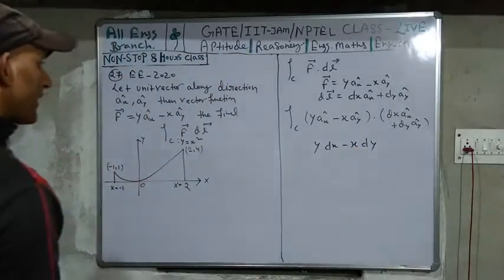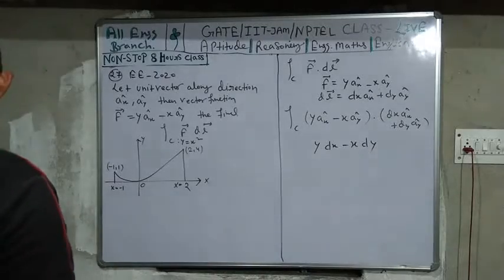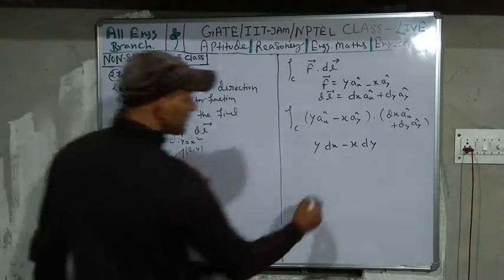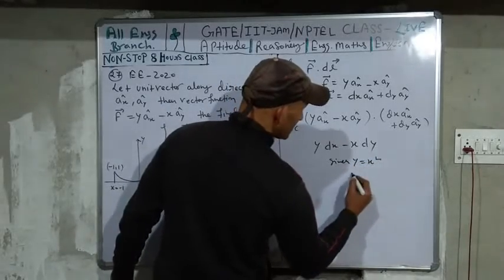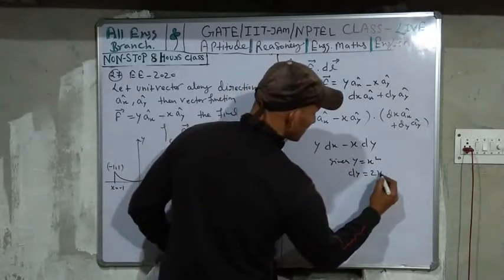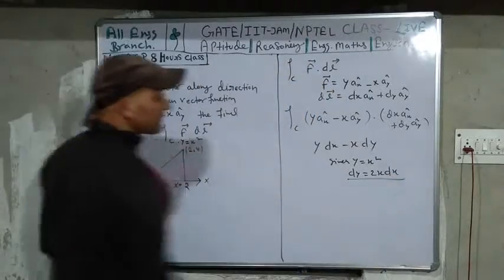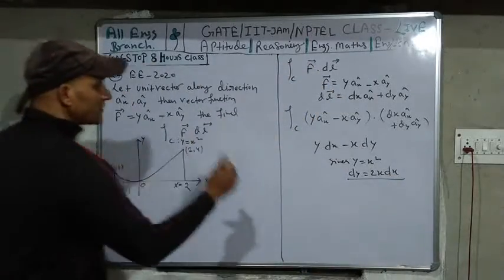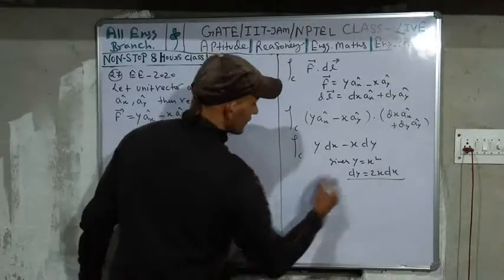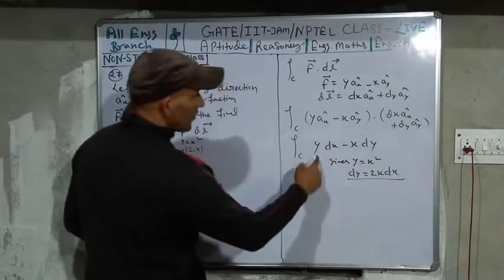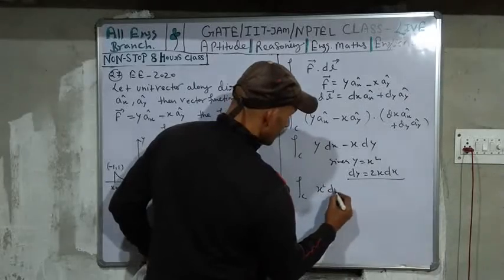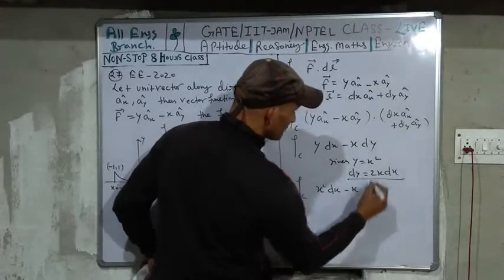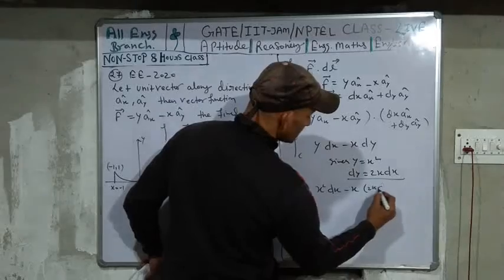But you have to replace one thing. Already they have given us y equal to x square. In this condition, dy is equal to 2x dx. So you have to put this value here. Now y dx is x square dx, and minus x dy is minus 2x square dx.